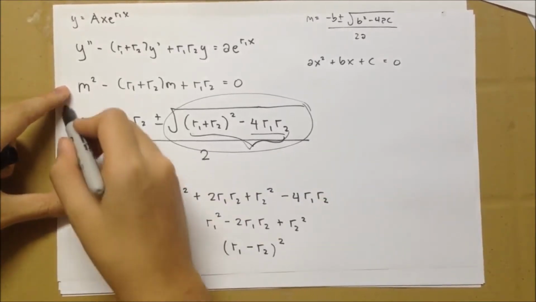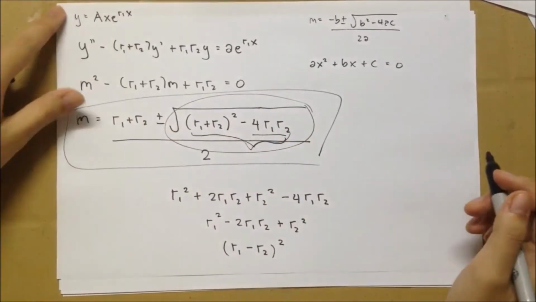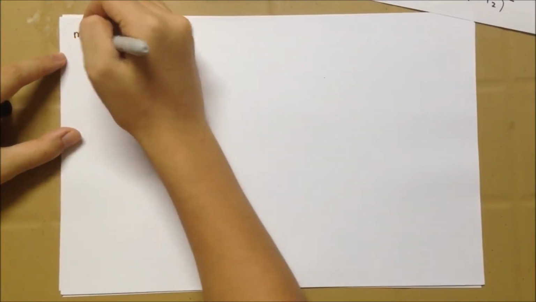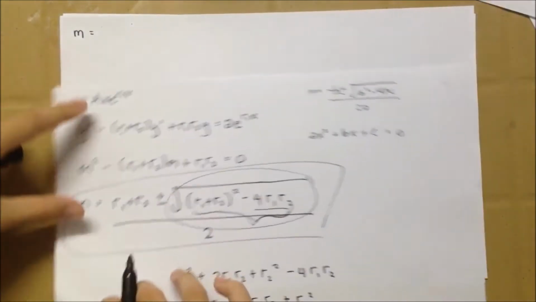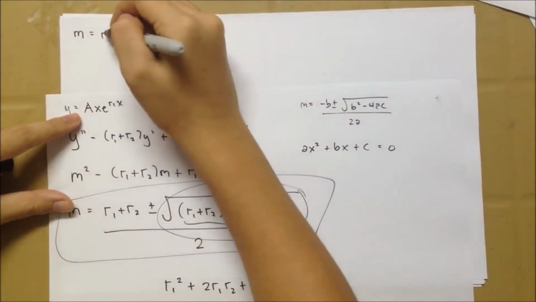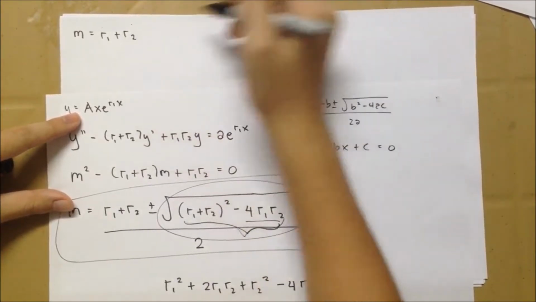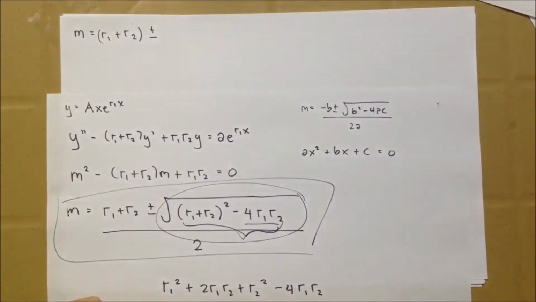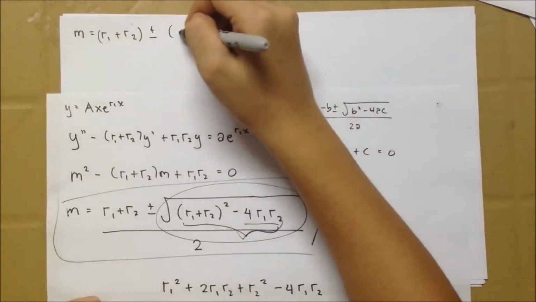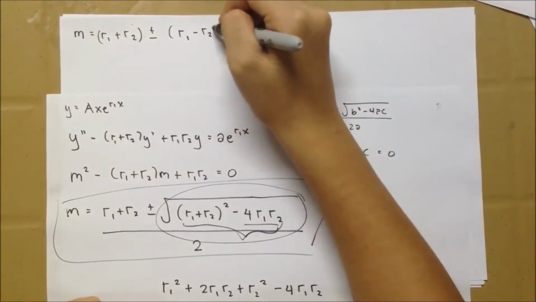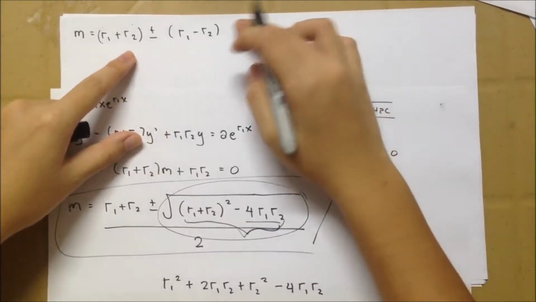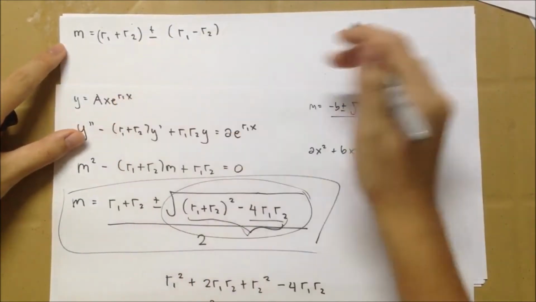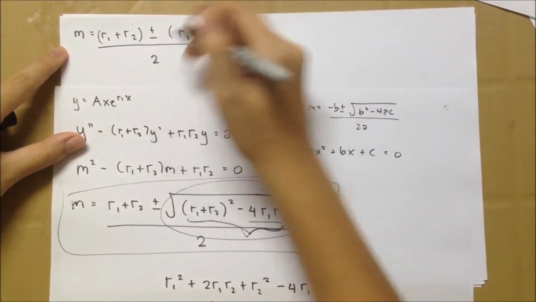So rewriting this expression, m is now equal to r1 plus r2 plus or minus r1 minus r2. Don't forget the parentheses here, because we have a negative, and this will be all over 2.